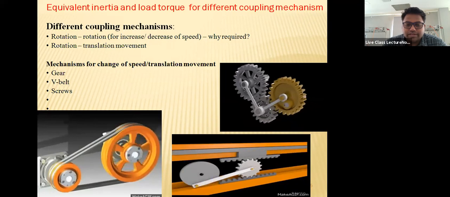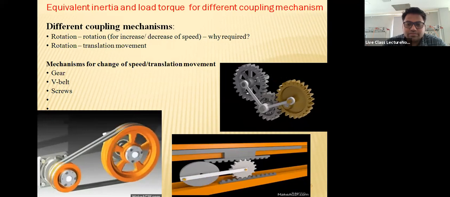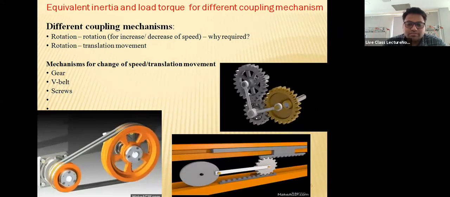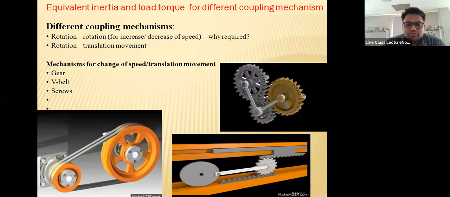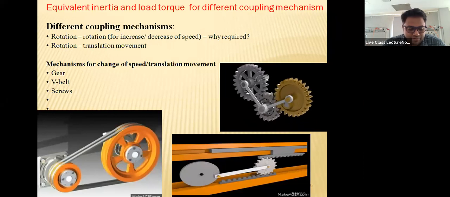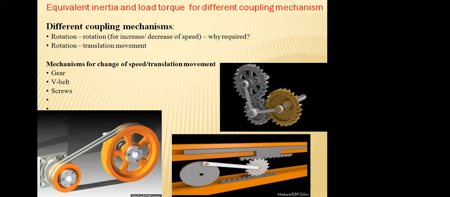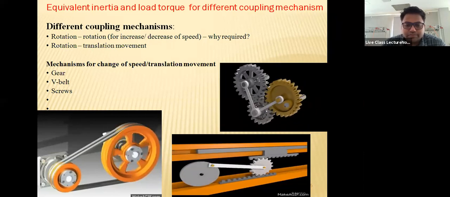So there also you need an interface. In the case of a lift, what interface you have? You have something called a pulley. And a gear and V belt can give you interface from rotation to rotation, right?